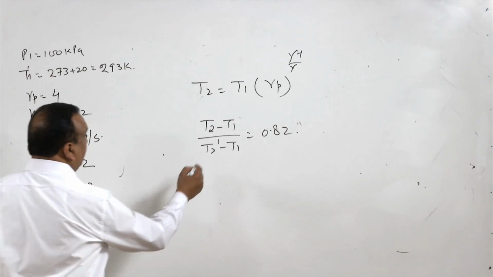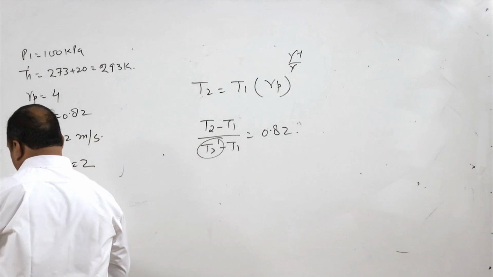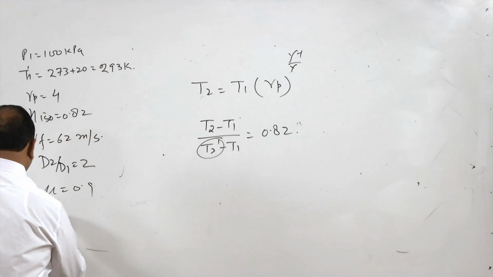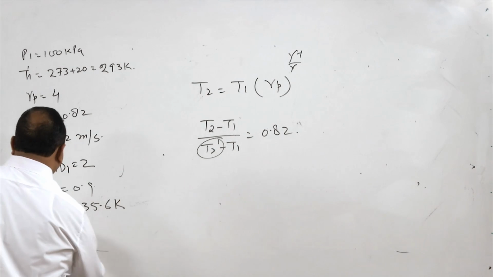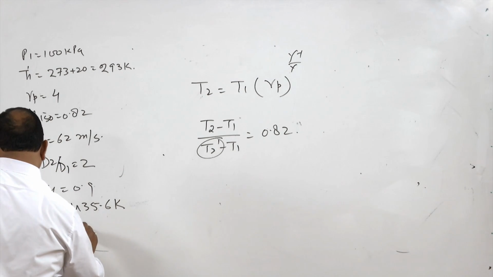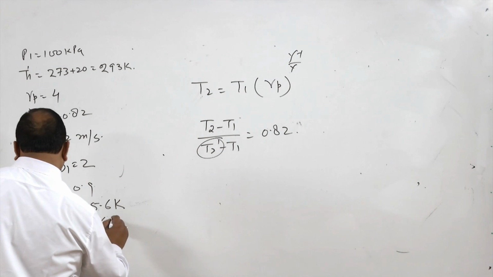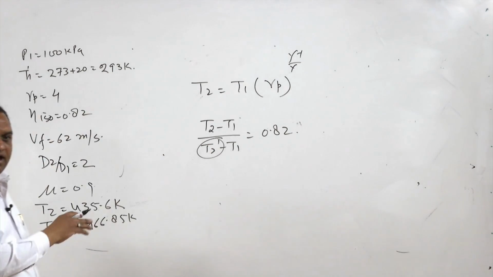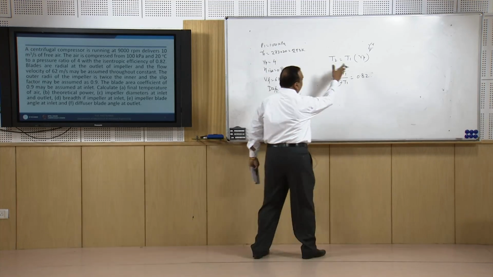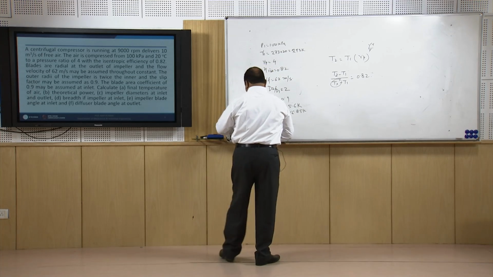That will give T2 dash. The T2 we have calculated here is 435.6 Kelvin and T2 dash is 466.85 Kelvin. Many times we have done this exercise, so I'll cut it short.